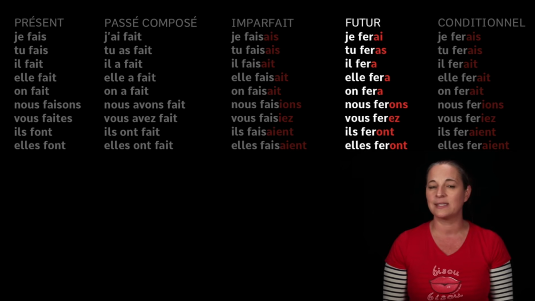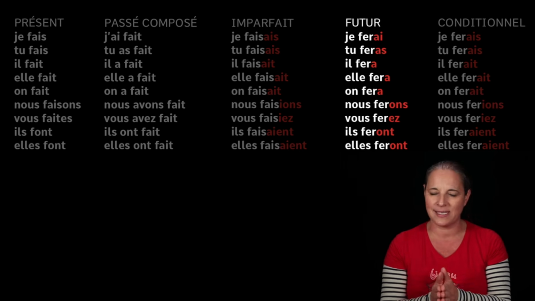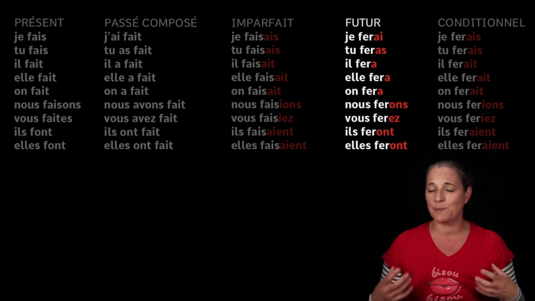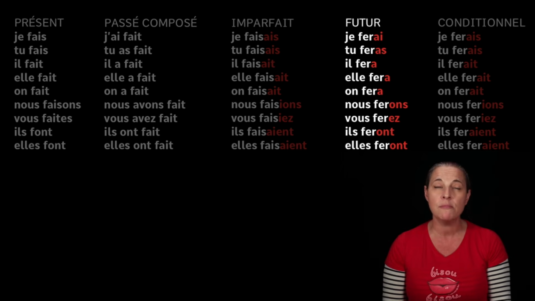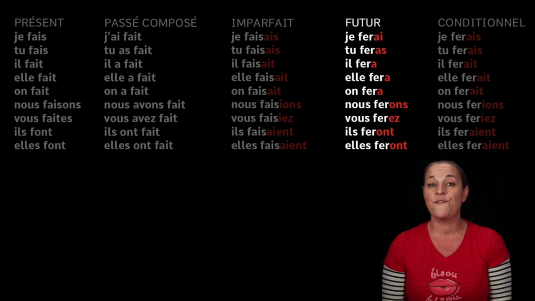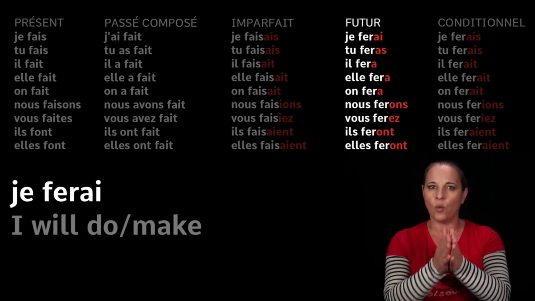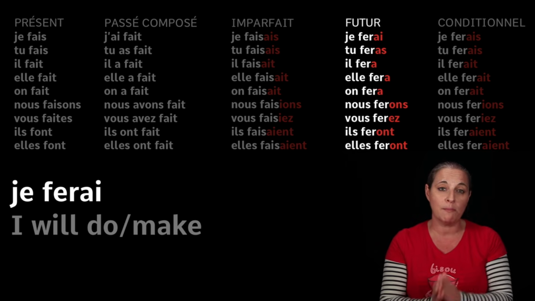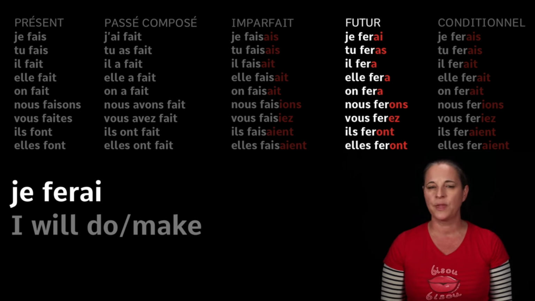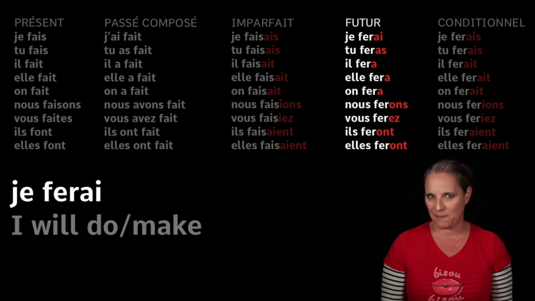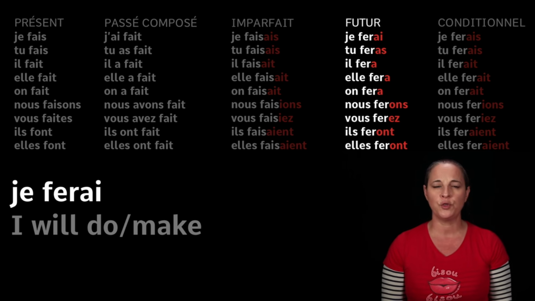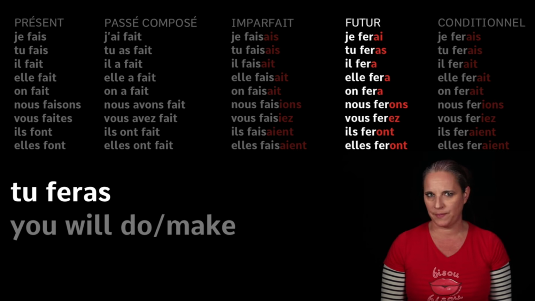Now, the future tense has a different stem completely, and you must, especially if it's a third group verb, know this by heart. For faire, it is F-E-R, okay? So, how do you say I will do, or I will make, because that's what we are trying to do. Je ferai, I will do. Tu feras.